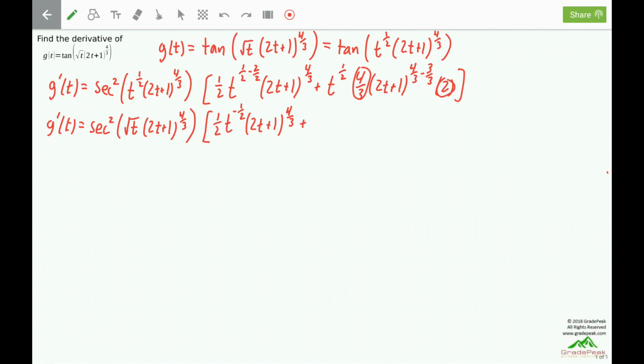I have a 4/3 and I have an 8. Those multiply to be 8/3. I have a t to the 1/2 and I have a 2t plus 1 to the 4 minus 3, 1/3.